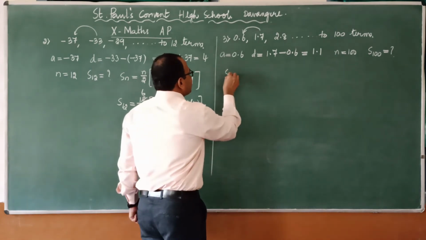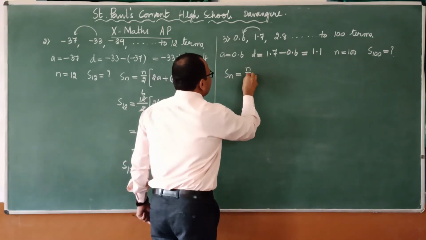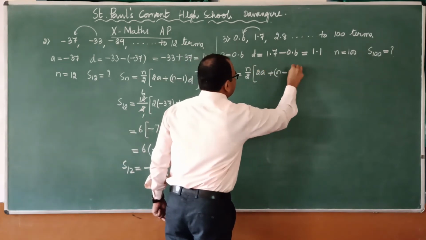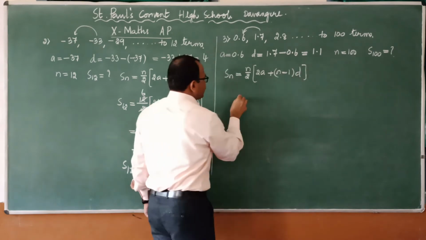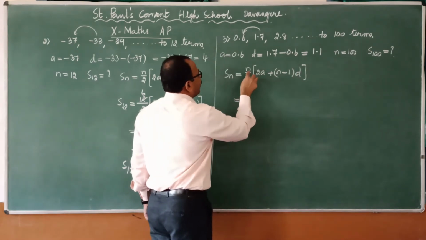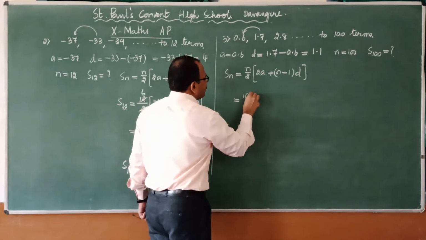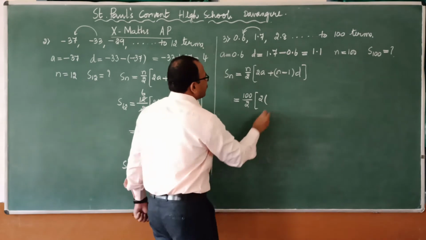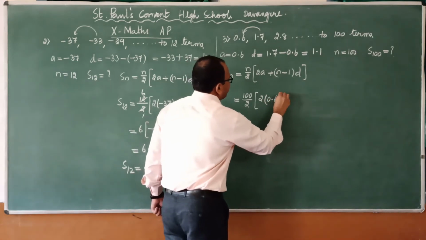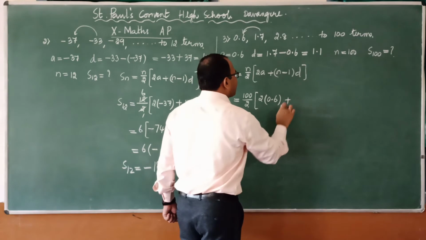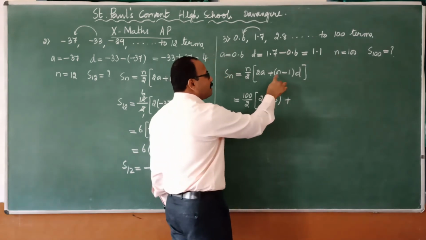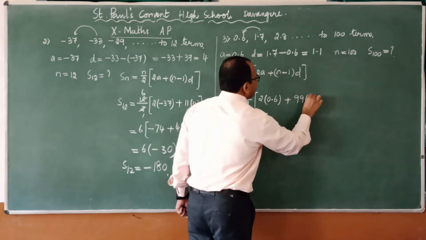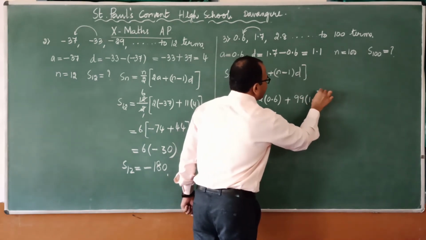Therefore, Sn is equal to n by 2 into 2a plus (n minus 1) into d, which will be equal to n is 100 by 2, 2 into a becomes 0.6 plus n becomes 100, children. 100 minus 1 becomes 99 into d is 1.1, whole bracket.